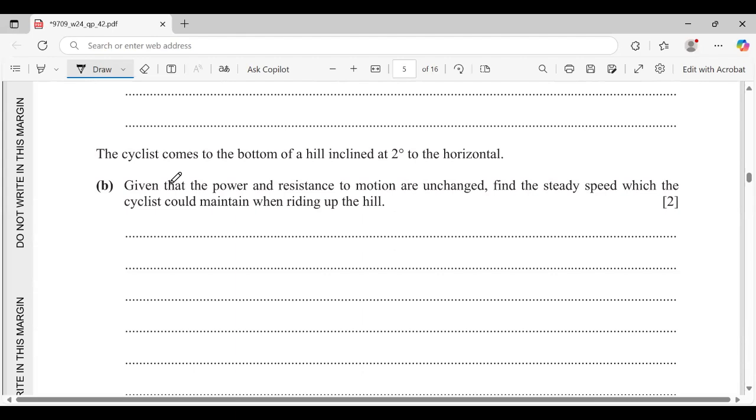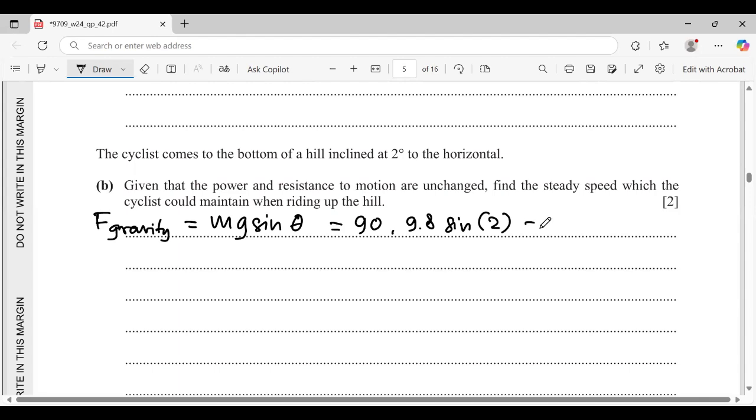Okay, so the component of weight downslope, the gravitational force, equals mg sine theta. So it becomes 90 times 9.8 times sine 2. If you calculate, the result is 30.78 newtons.